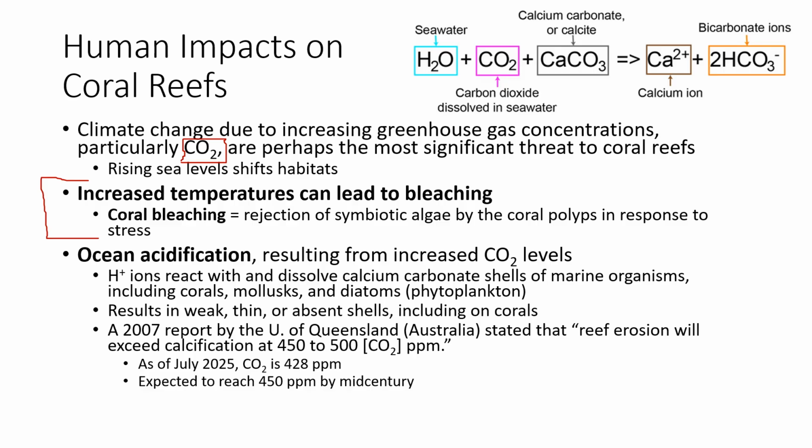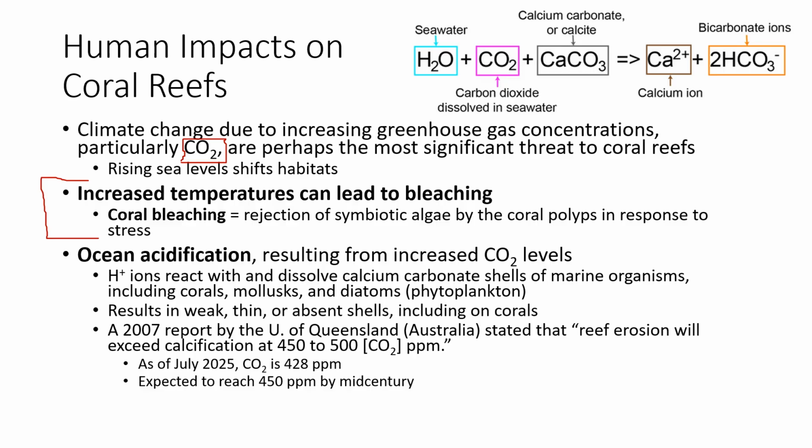One is that the sea levels are rising and corals are stationary, corals are sedentary, and they live for quite a long time. And it takes a long time for them to shift their range up and down based off of rising sea levels. And sea level is projected to increase faster than the corals can move. So if that happens, they might be left too low in the water column and with not enough light to sustain them because they're photosynthetic.